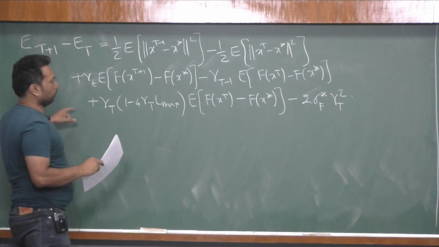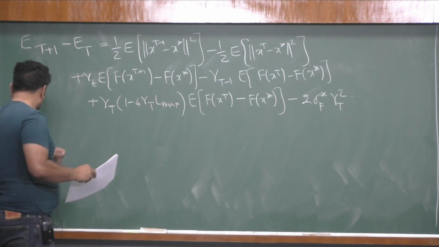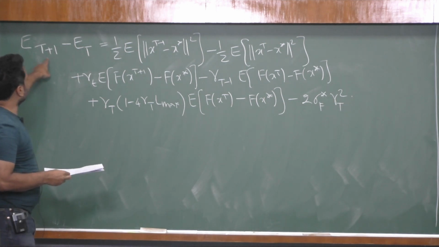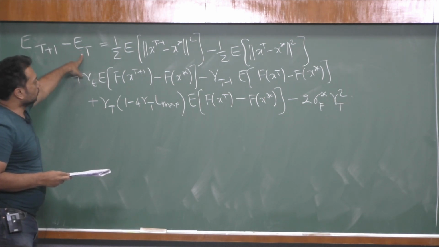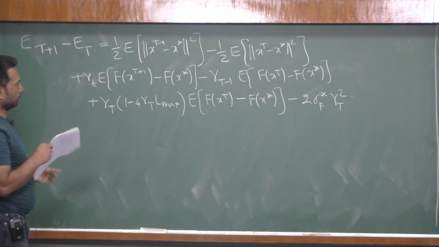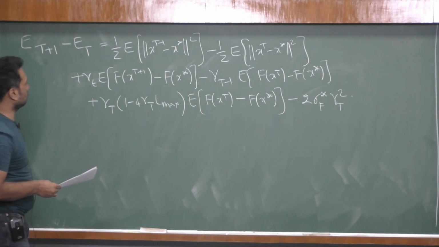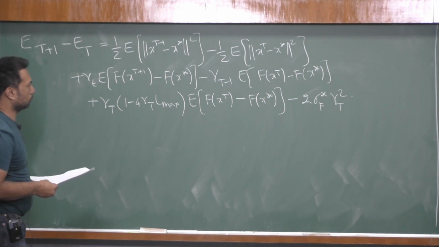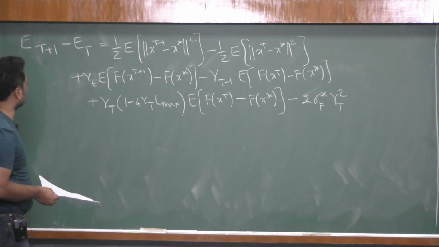So we have taken the difference, E_t is defined there, and we have taken E_{t+1} minus E_t. This is what we have, and we have to show that this is less than or equal to 0. That's how we will show that it's decreasing.